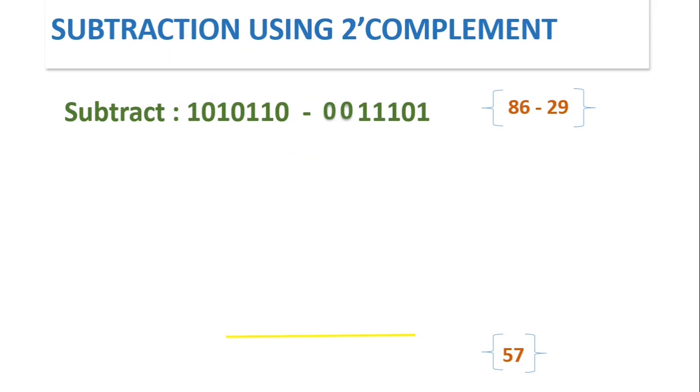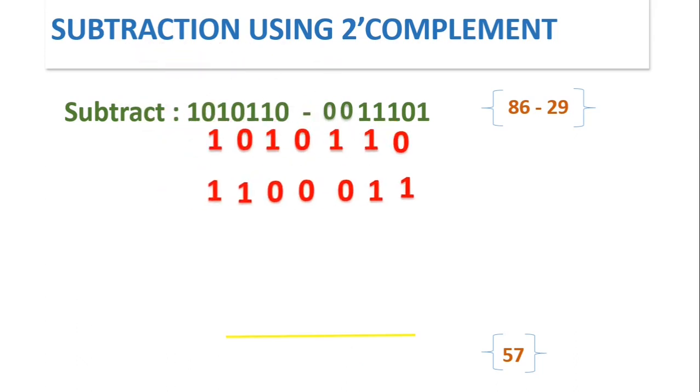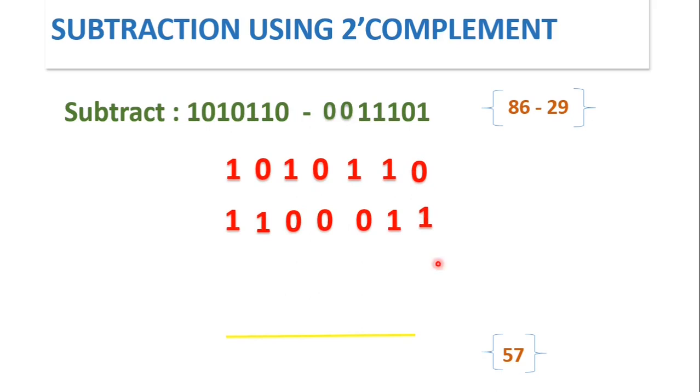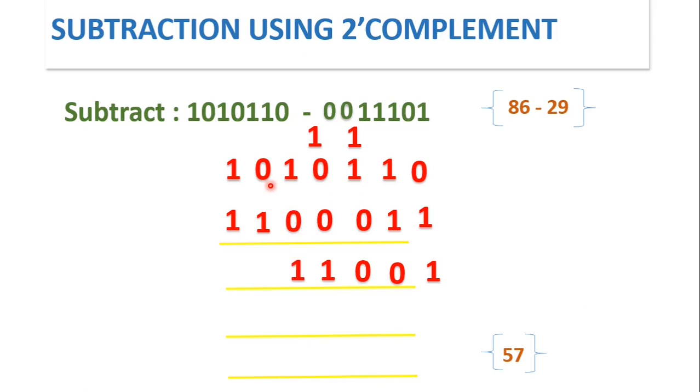Now we'll add both these numbers. 0 plus 1 is 1, 1 plus 1 is 1 0, 1 plus 1 is 1 0, 0 plus 1 is 1, 1 plus 0 is 1, 1 plus 0 is 1, and 1 plus 1 is 1 0.